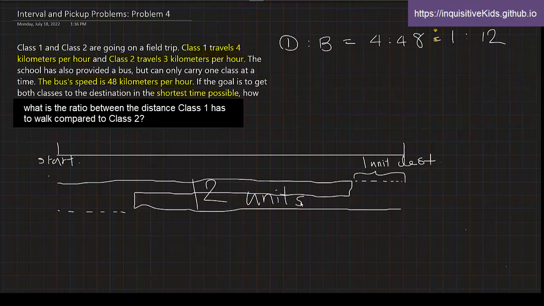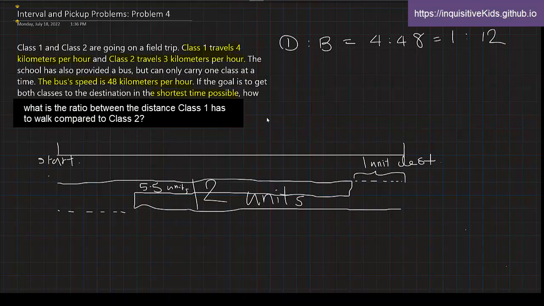And if this is 12 units, then this middle part right here would be 5.5 units, if you do the math.